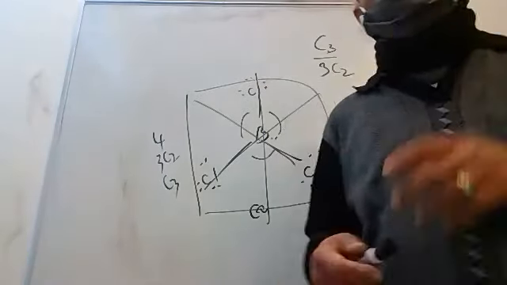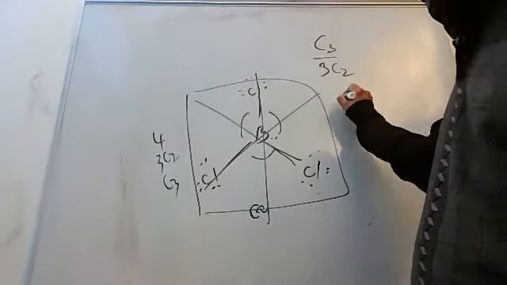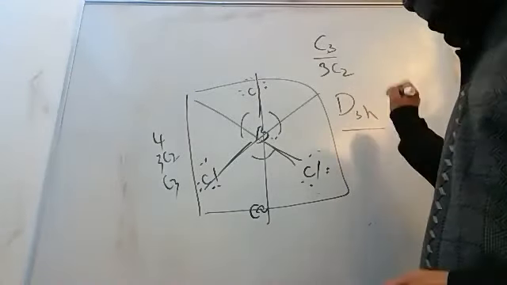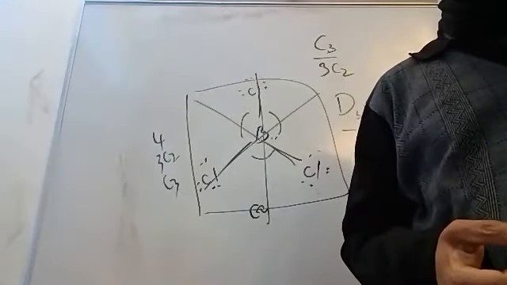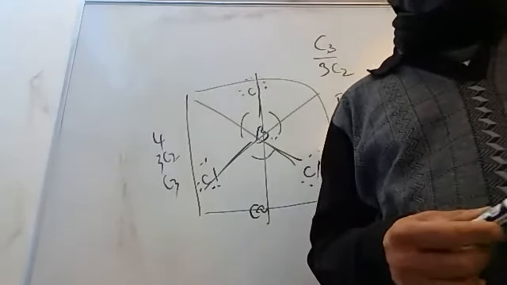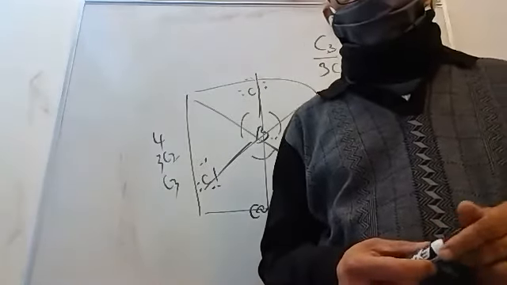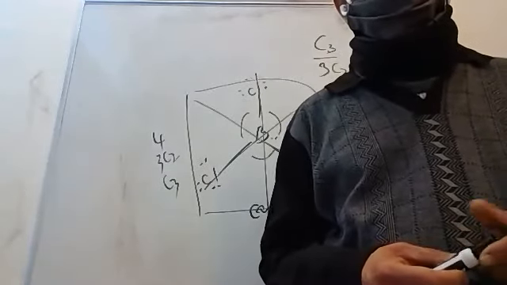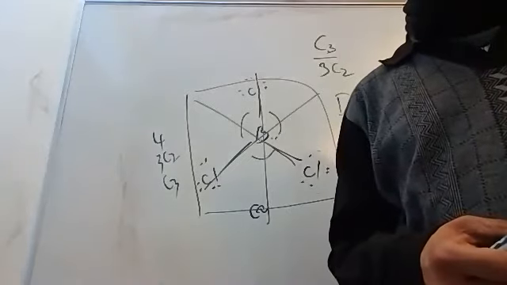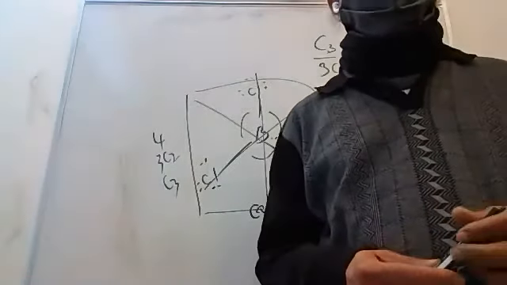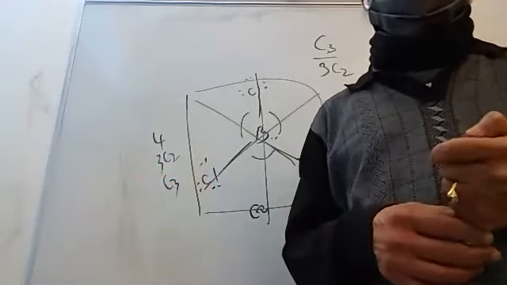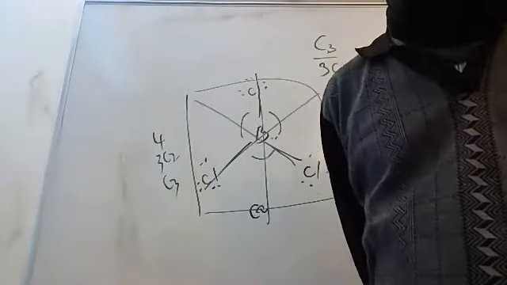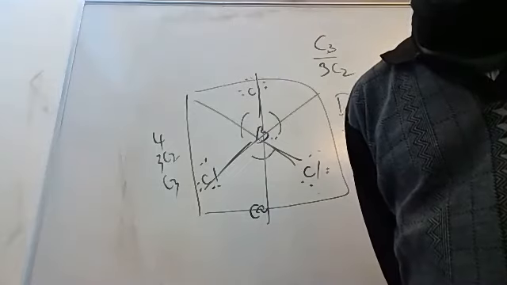So if I were to tell you that this molecule is D3h, would that make sense to you? Point group classification. Have you done the chart? Taking a chart and then looking at all the symmetry elements or symmetry operations? Would there be like an Sn, something like that?